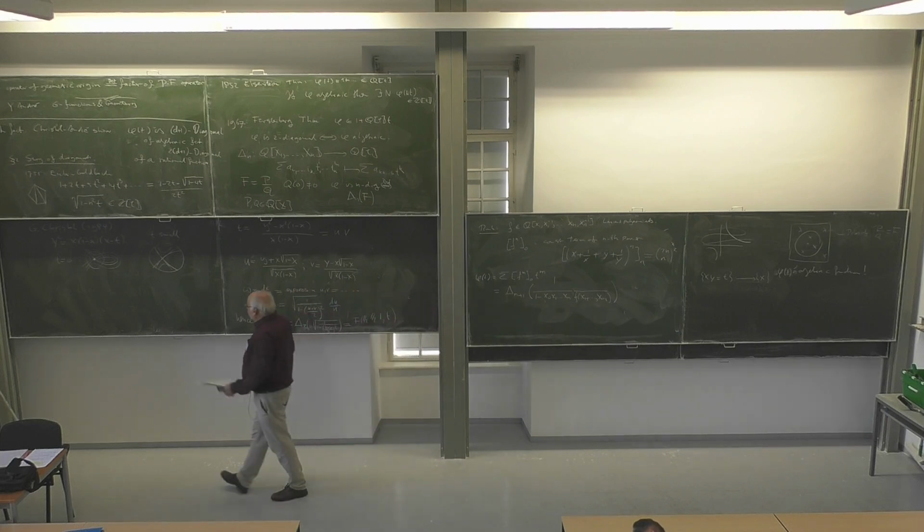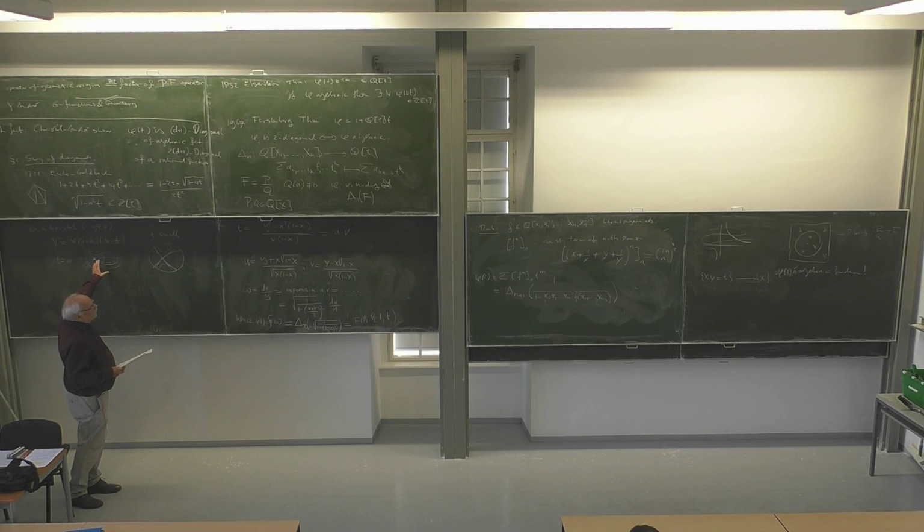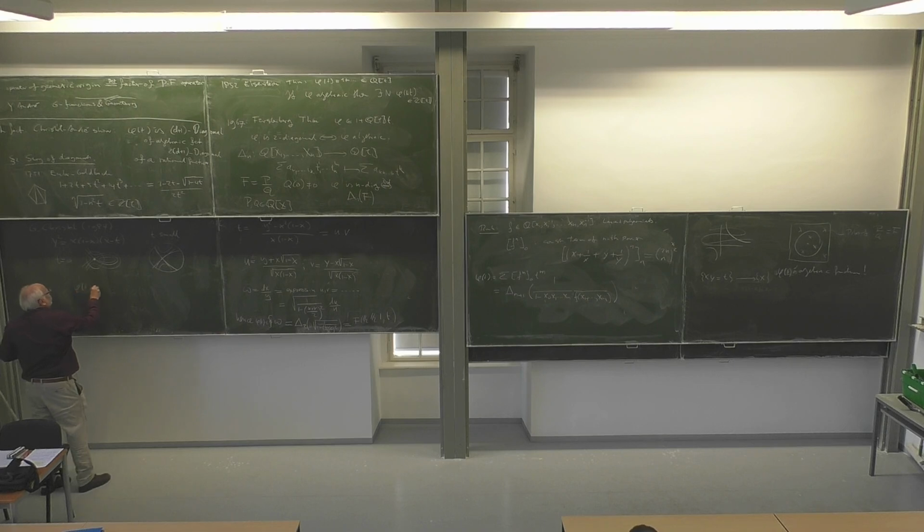So Cristol has a method to write a period, because the period we were looking at, the period function phi t, was dx over y, and we integrate over the vanishing cycle. It's contracted.